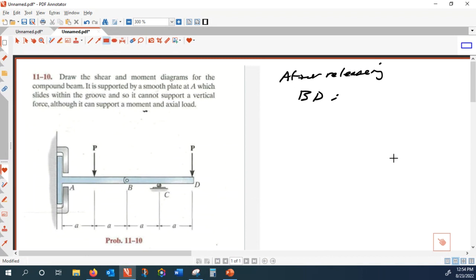So that would end up with a member BD, and BD has an external force at D, and it has a vertical reaction in the middle, and just one resistance here.